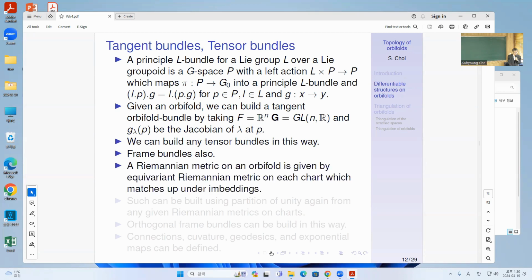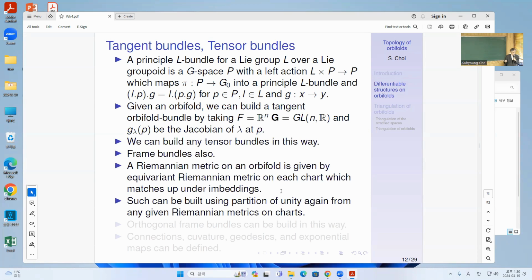Also the Riemannian metric on an orbifold is given by an equivariant Riemannian metric on each chart, which match up on the embeddings also. Okay, so you can always do that. Such a metric can be built by partition of unity again: given any Riemannian metric on each chart, you can use the partition of unity to sum these up together.